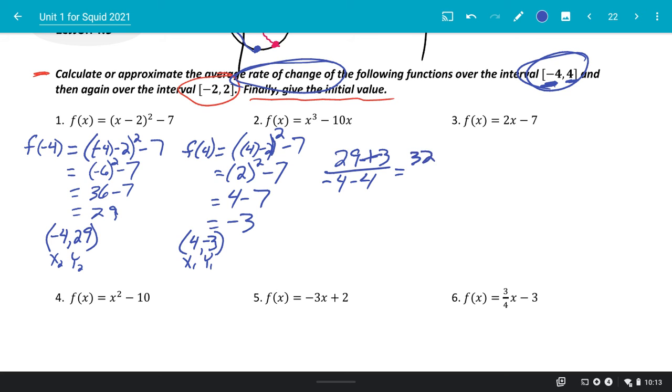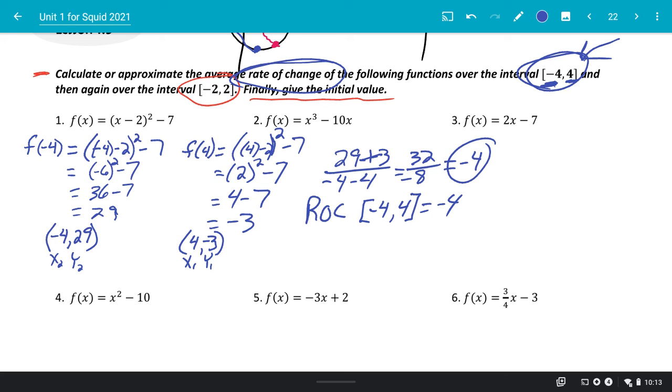That's 32 over -8. 32 divided by -8 is -4. So my rate of change from -4 to 4 is -4. I did all of that work for this one thing.